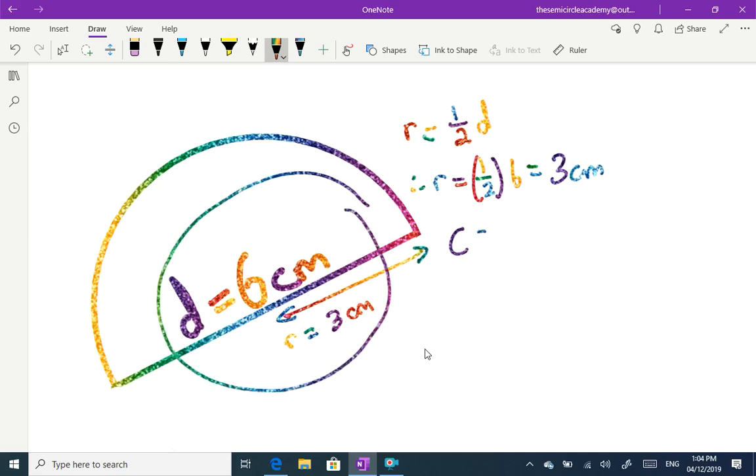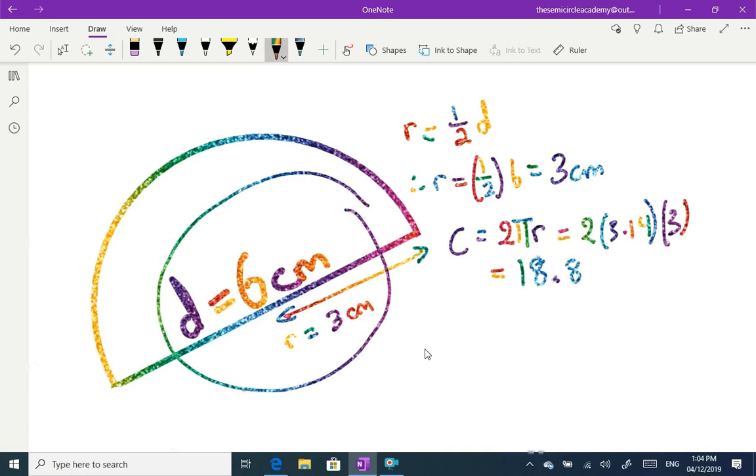So the circumference of a full circle, 2 pi r, is going to be 2 times 3.14 times r, which is 3, and this works out to be 18.84 centimeters. So the circumference of the full circle, because we used this circumference of a circle formula, gives us the circumference of a full circle.